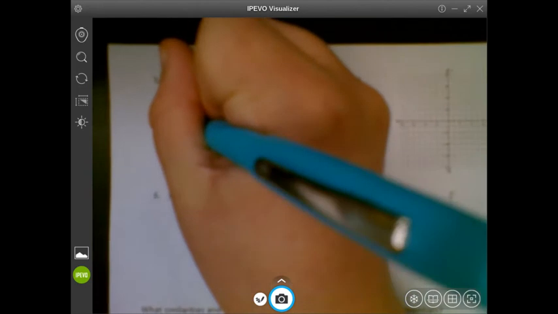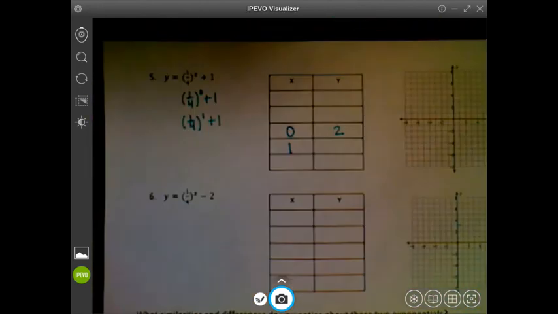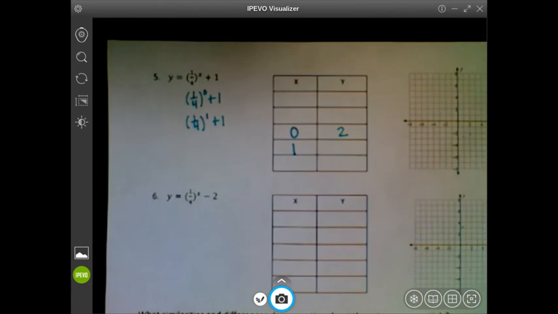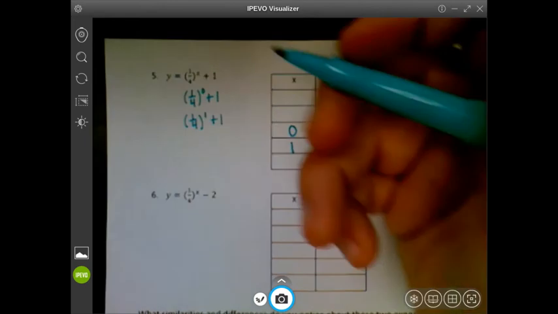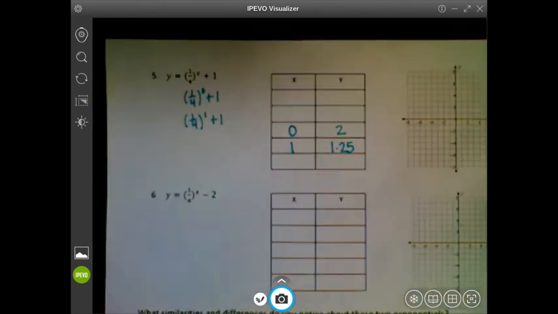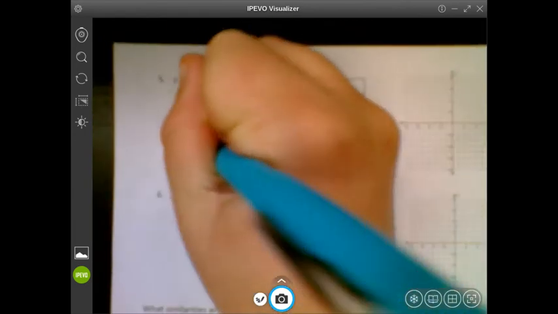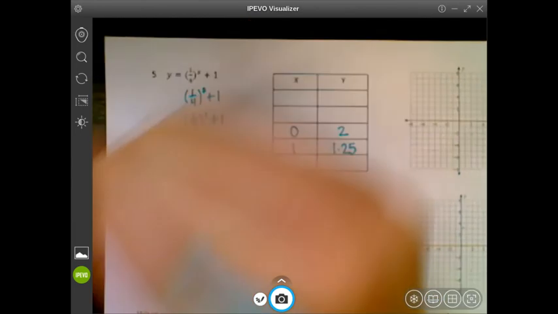Then we'll have 1/4 to the first power. 1/4 to the first power is a fourth, and 1/4 plus 1, well, you can think about that as a decimal if you want. That's 1.25, isn't it? And then the last one, this will be 1/4 squared plus 1.